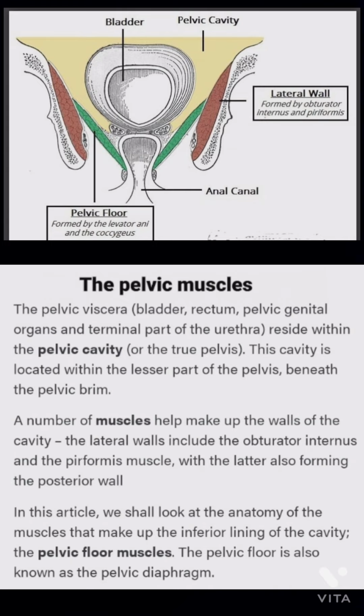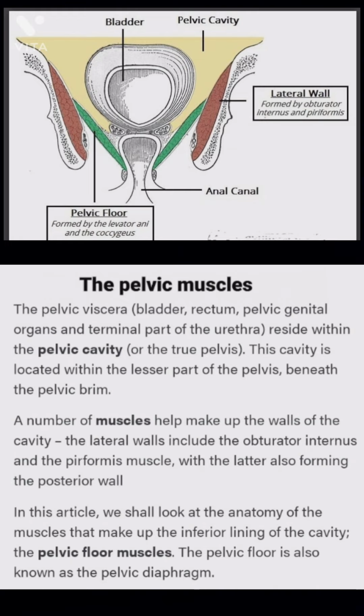The pelvic viscera, which contain the bladder, rectum, pelvic genital organs, and terminal part of the urethra, reside within the pelvic cavity or pelvic girdle. I have already taught you about the pelvis, which is known as our hip bone.